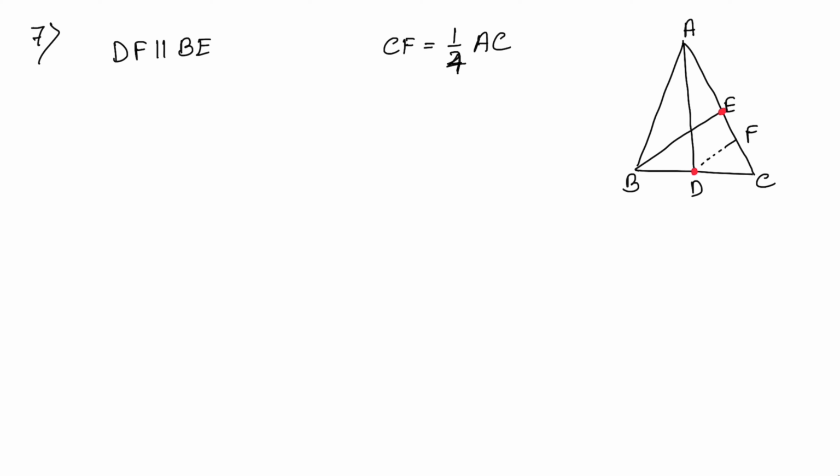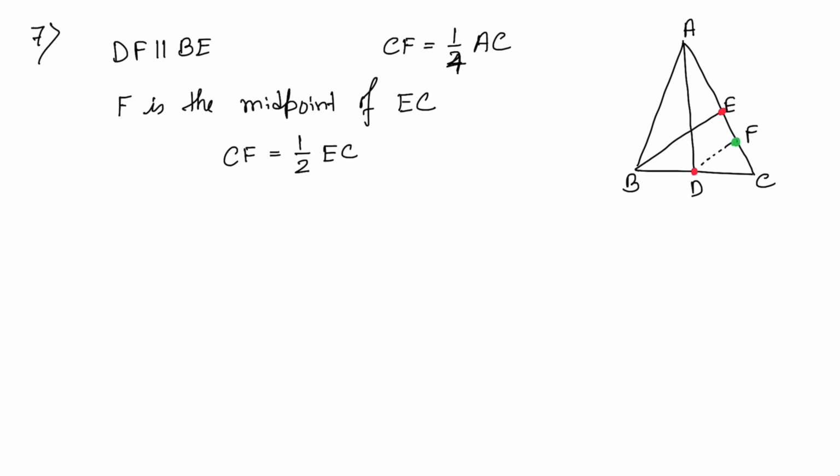So here D is the midpoint of BC and DF parallel to BE, that means F is the midpoint of EC by the midpoint theorem. So if F is the midpoint of EC, you can write down CF equal to half EC.